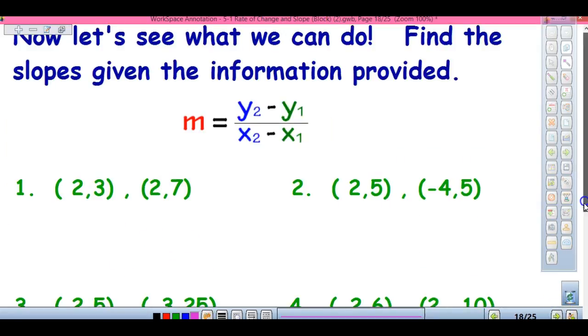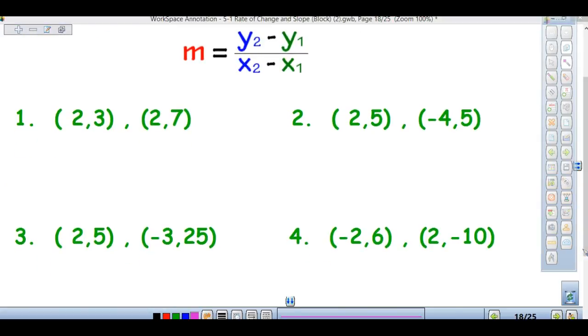Okay, so let's do some of these. x1, y1, x2, y2. What goes on the top? 7. What goes in between them? Minus 3 over x2 minus x1.